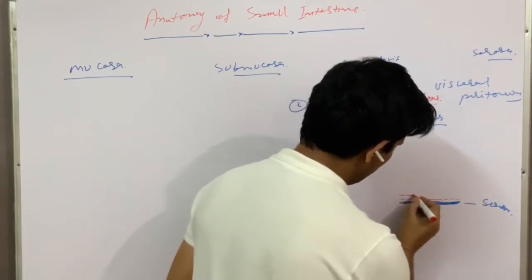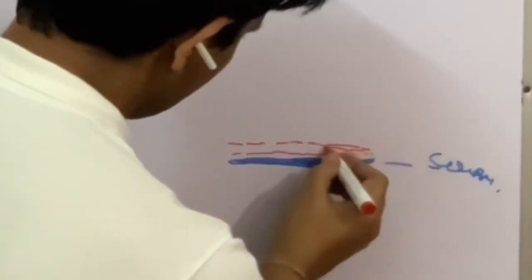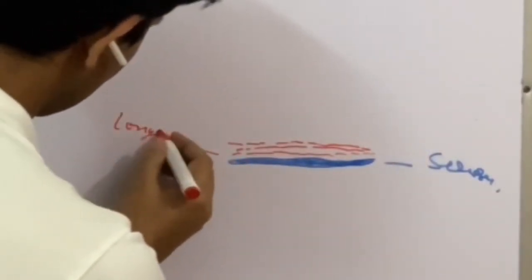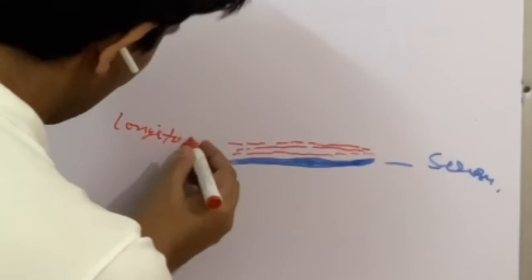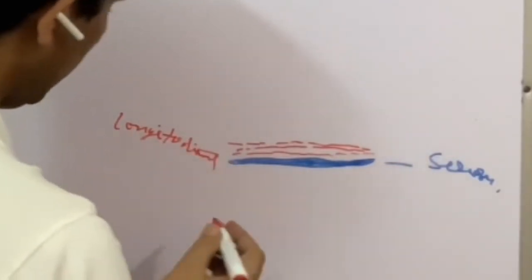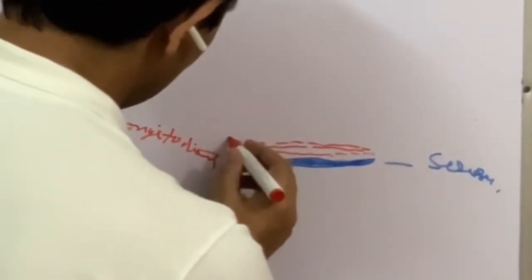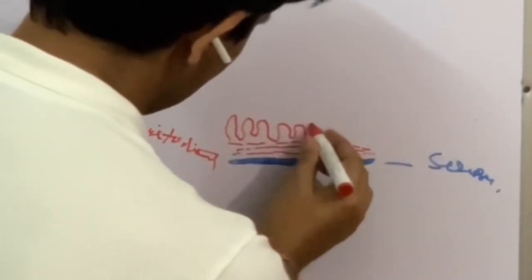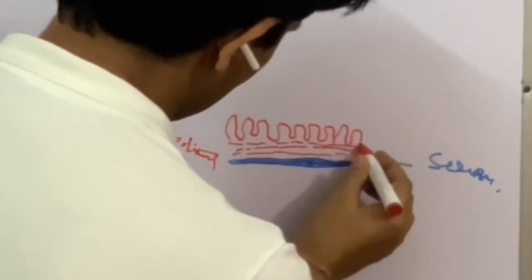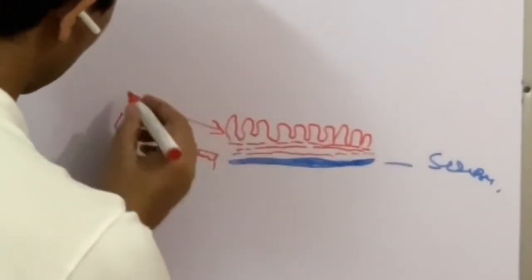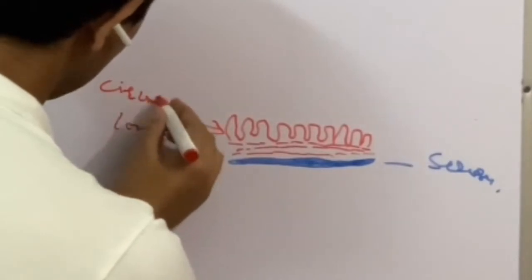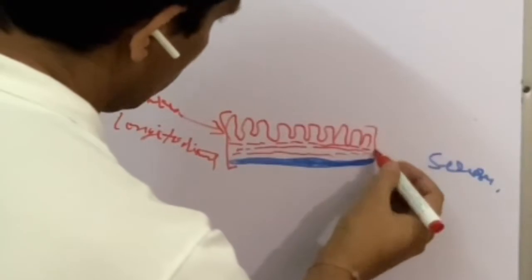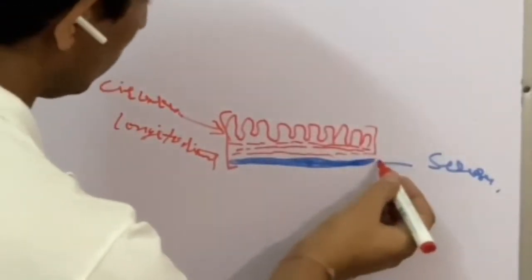These are longitudinal fibers, so we will write it here, longitudinal, and the inner layer is circular. So there are two basic layers, and this portion is the muscularis. This portion is the serosa.